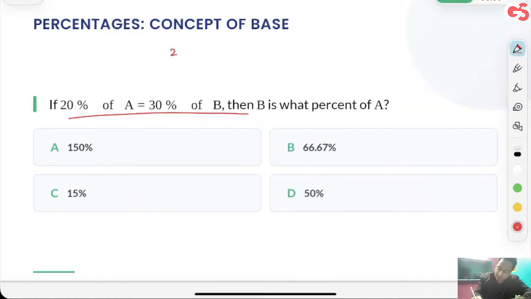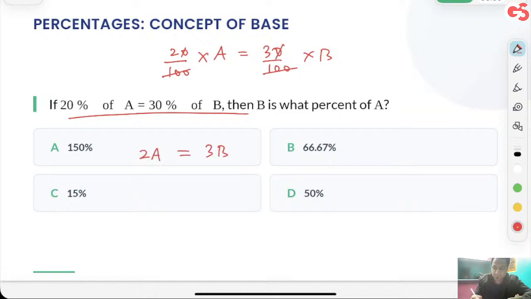So I can write 20 upon 100 multiplied by A is equal to 30 upon 100 multiplied by B. As we see, the 100s got cancelled out. So we have 2A is equal to 3B. They're asking B is what percentage of A?